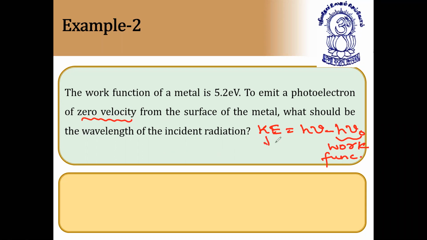So by this you can write 0 is equal to h nu minus h nu naught, that is work function of the metal, h nu naught, that is 5.2 electron volts.